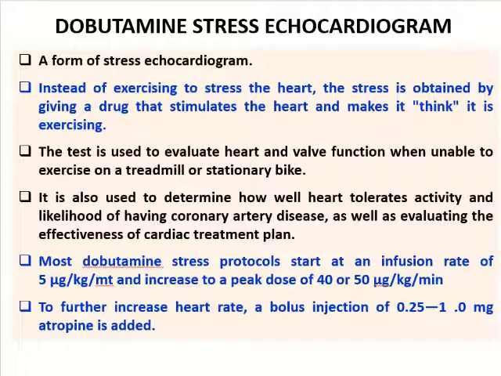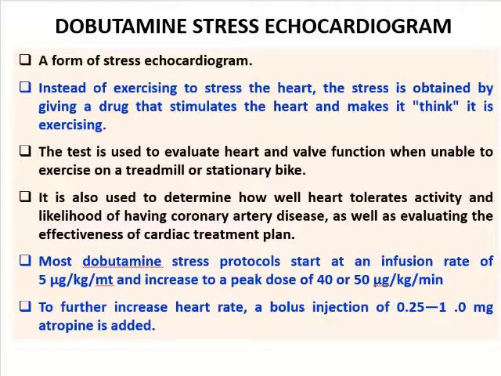This test is used to evaluate heart and valve function when the patient is unable to exercise on a treadmill or stationary bike. It is also used to determine how well the heart tolerates activity and the likelihood of having coronary artery disease. Most dopamine stress protocols start with an infusion rate of 5 micrograms per kg per minute and increase to a maximum of 40 to 50 micrograms.